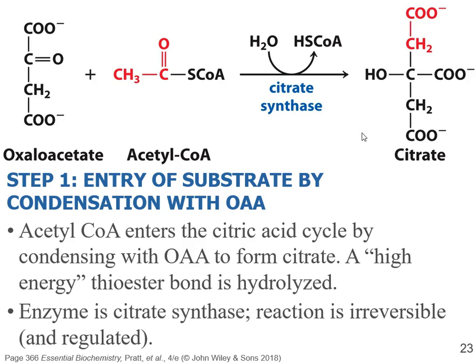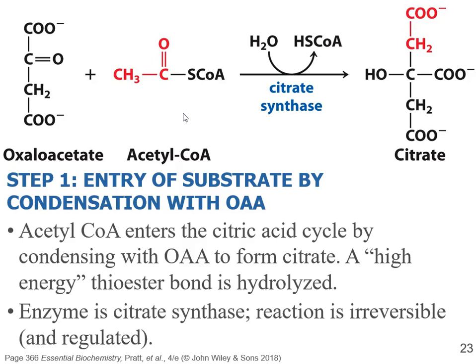The reaction occurs only in this direction because we are going to, in the course of the reaction, hydrolyze an unfortunately named high-energy thioester bond. We probably shouldn't call it high energy because it's the hydrolysis of this thioester bond that is an exergonic process. So that's what drives this reaction forward, because normally taking two small molecules and forming one big molecule would not be energetically favorable.